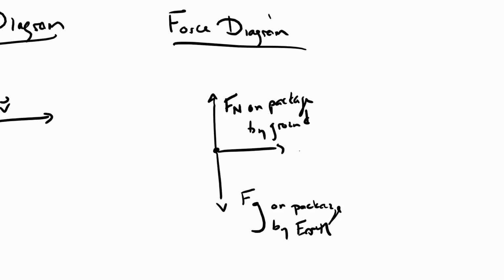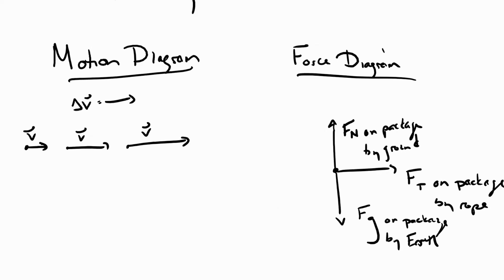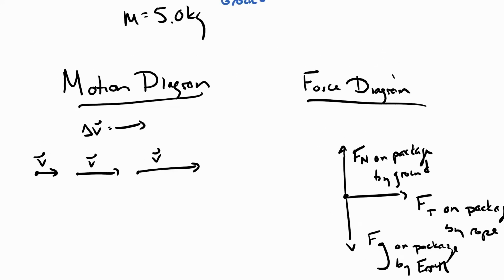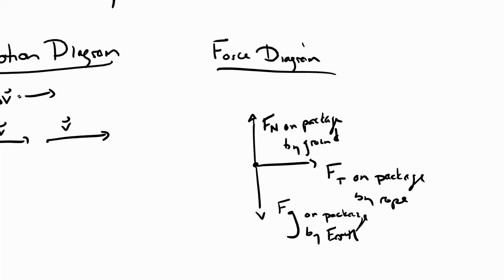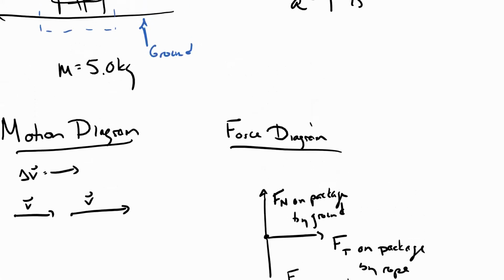And I've got tension, so thick you could cut it with a knife, on the package by the rope. Nice. I'm going to check quickly. My motion diagram indicates acceleration, so my force diagram should be unbalanced. Specifically, it should be unbalanced in the horizontal direction, which it is.